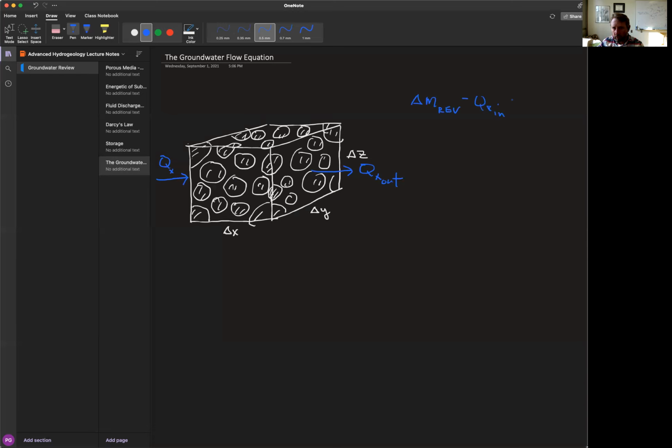That's a very basic statement. If I have more water coming in than going out, then I must be increasing the mass. And if I have more water going out than coming in, I must be decreasing the mass.